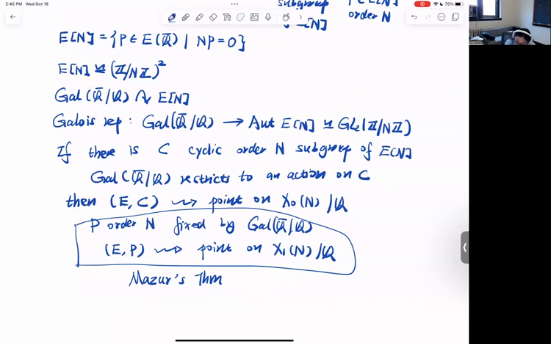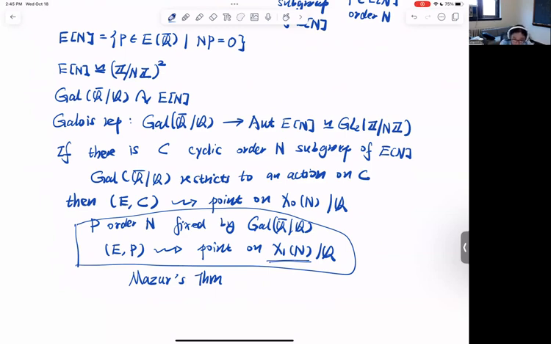It's by showing that X1(N), when N is greater than or equal to 13, does not have any points over Q on this curve. So studying rational points on modular curves tells you structure about elliptic curves.